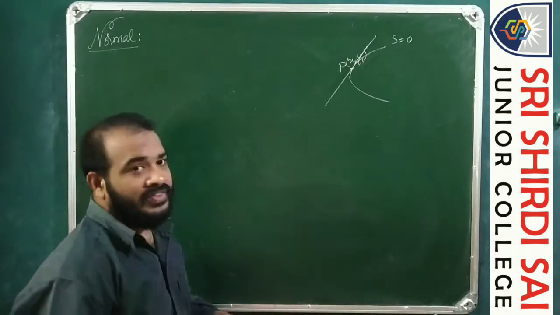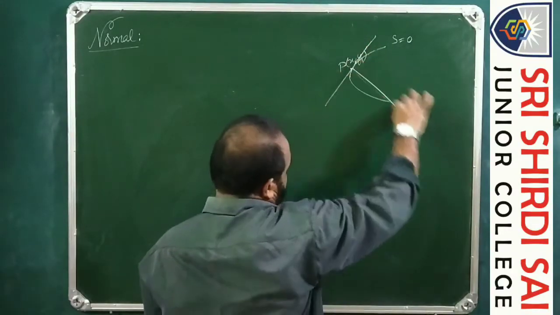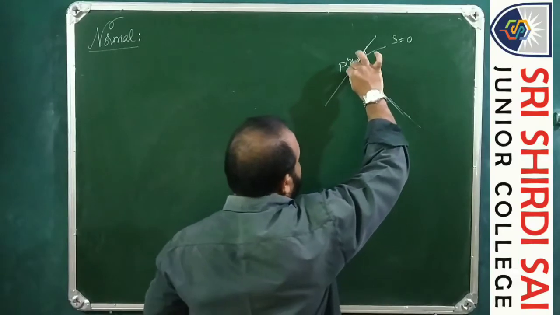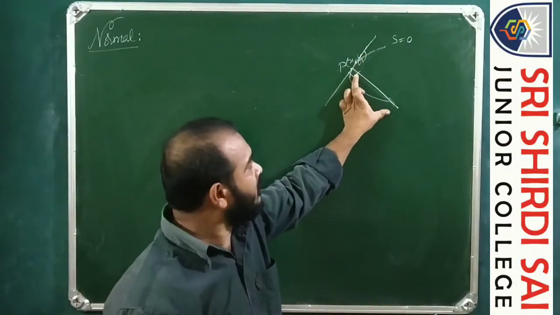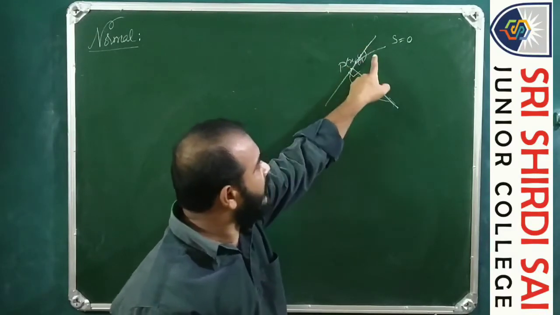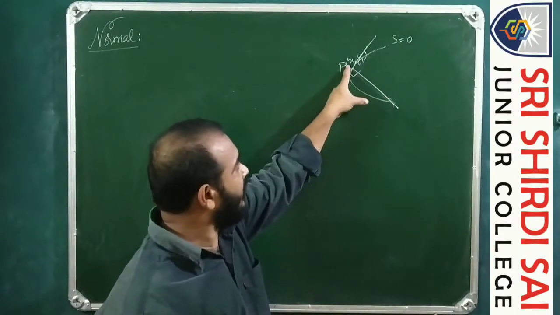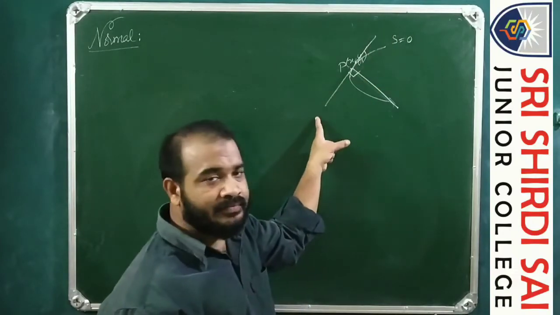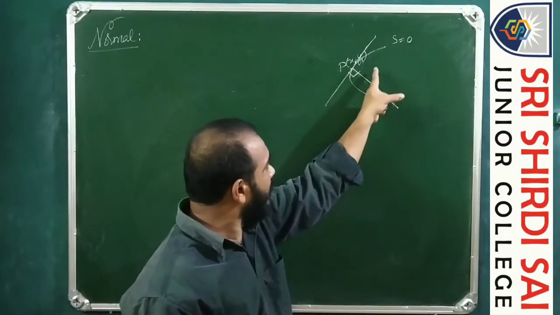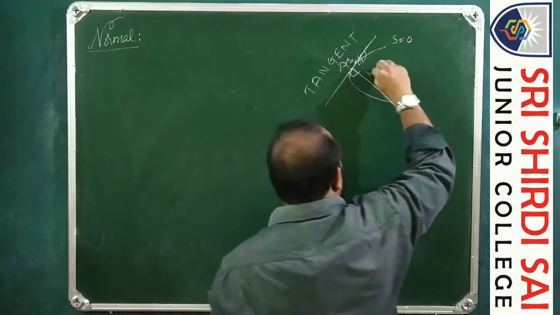The line which is passing through P, the point of contact of the line and the parabola, and is also perpendicular to the tangent, is our normal.